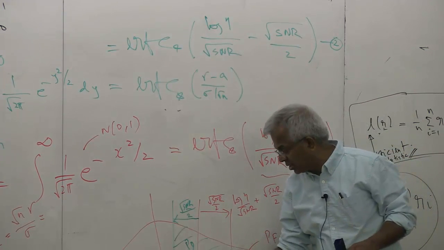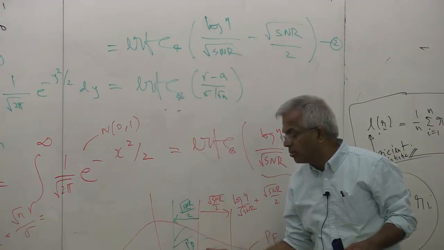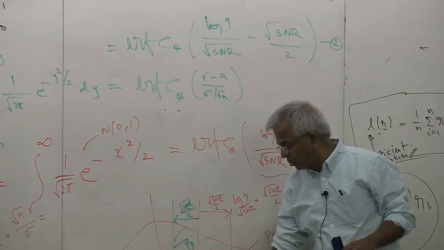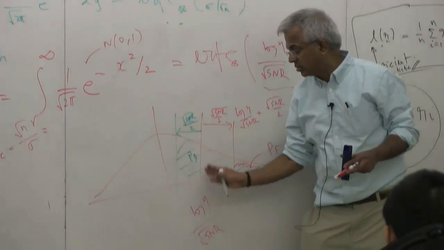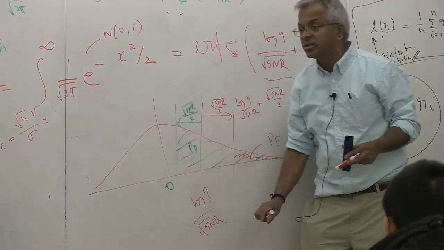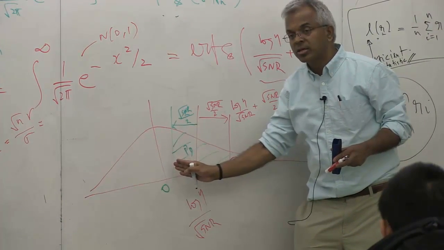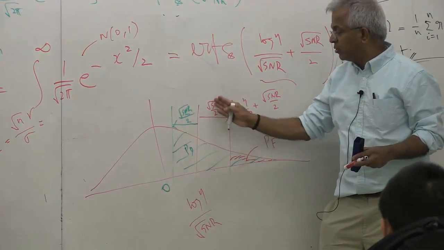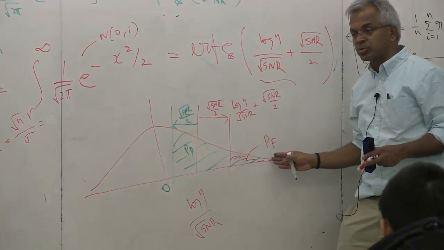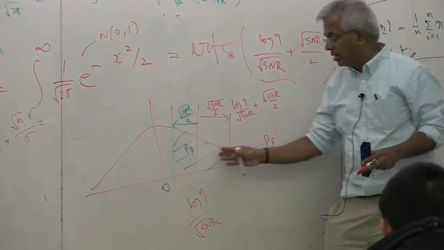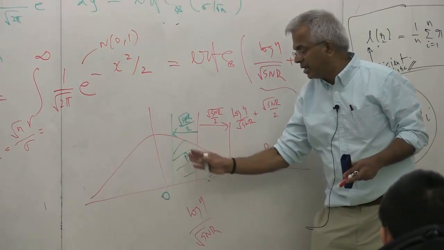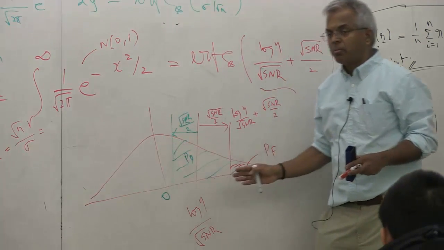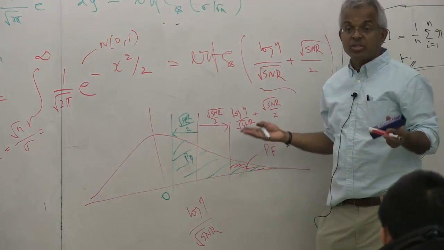This goes to infinity, this goes to 0, right? So this line goes towards 0 is here. And if you increase SNR, of course, this line gets pushed to the right. So PF decreases, and it looks like PD, this line goes left. PD is increasing, which is what you want.